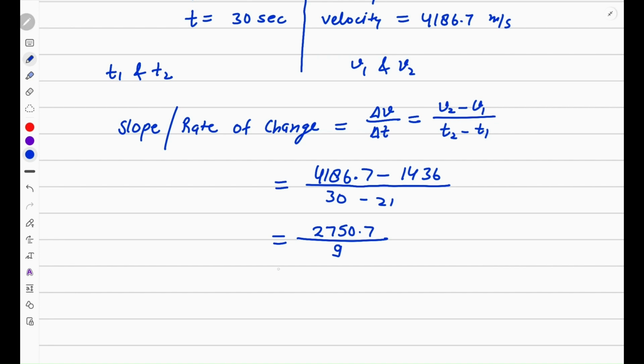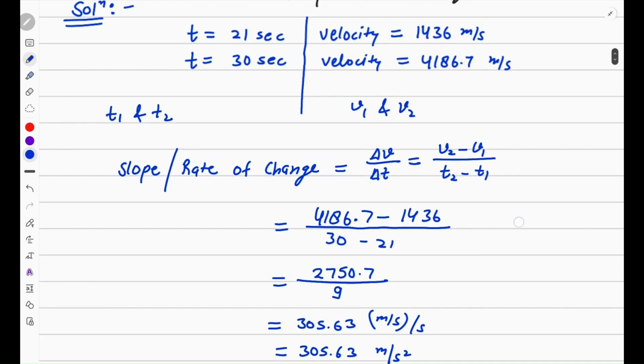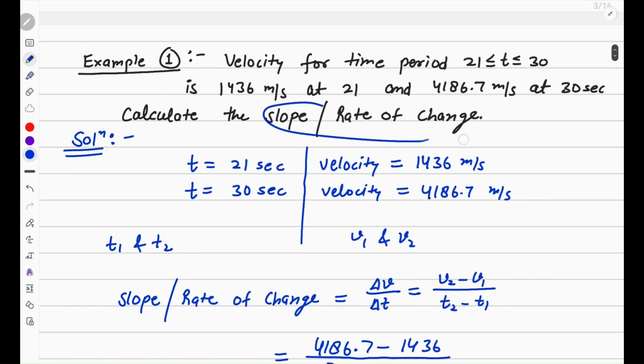If we divide it, we get 305.63 meter per second, or we can represent it as 305.63 meter per second square. So this is the rate of change or the slope for this question.